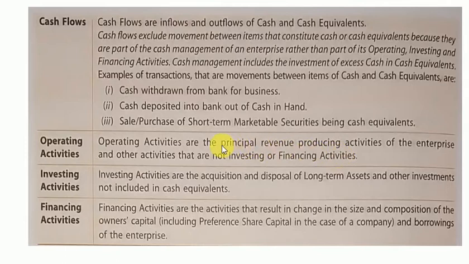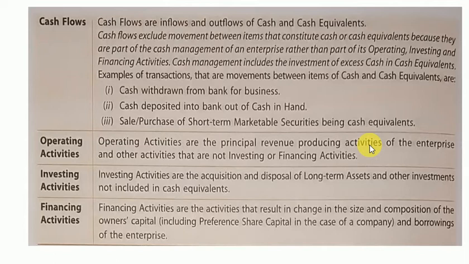And these are principal revenue producing activities. So principal revenue producing activities means anything which is related to trading and profit and loss account according to financial statement, and in company account it is according to statement of profit and loss, which is your main revenue generating activity. If you're in trading business, your trading is the main principal producing activity.